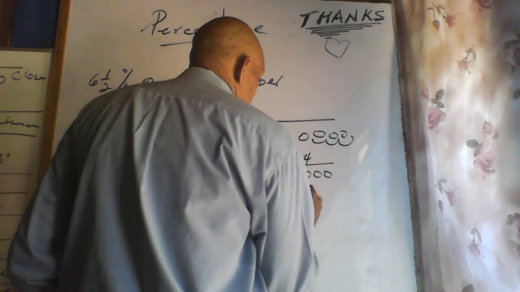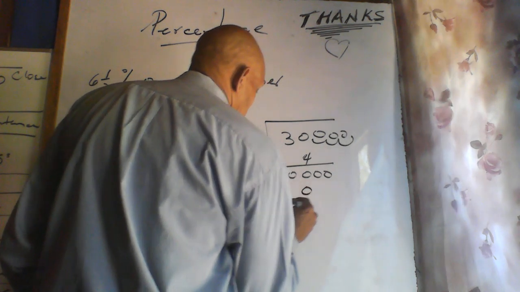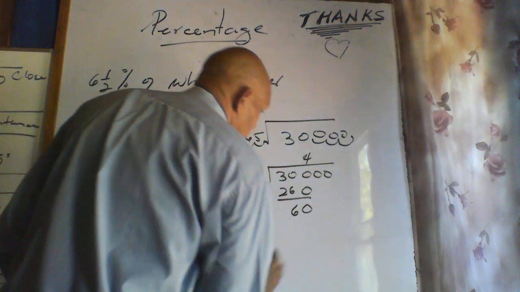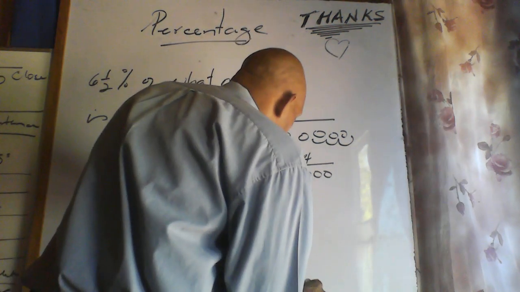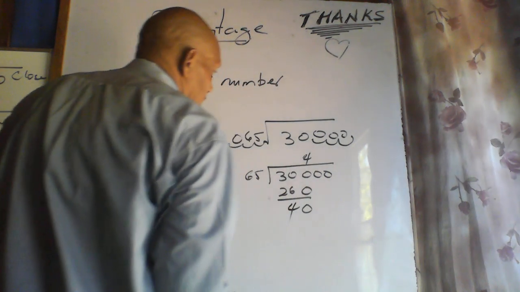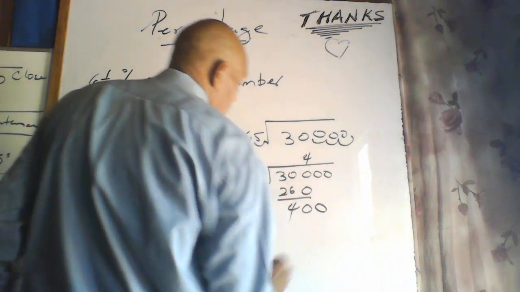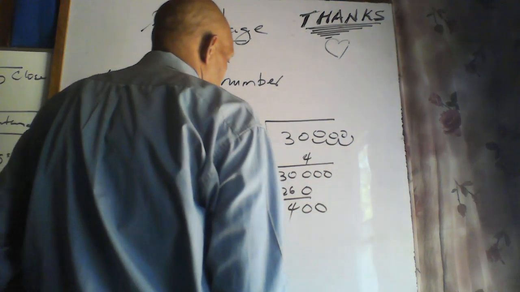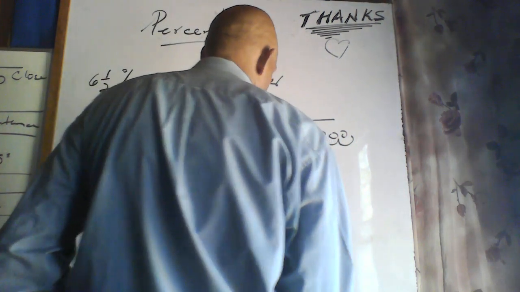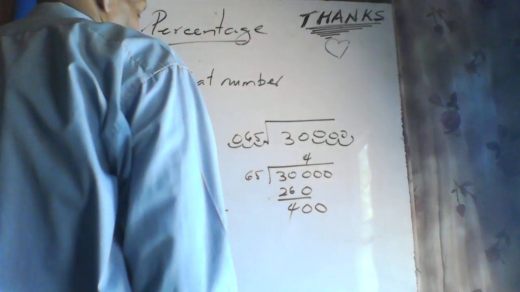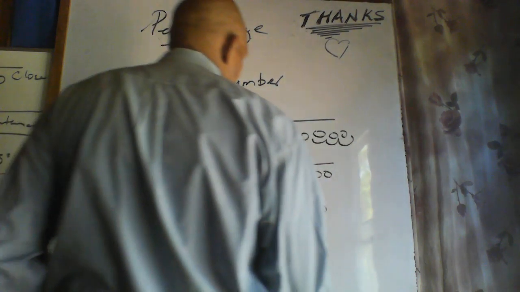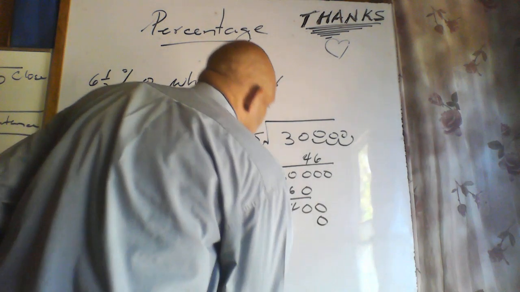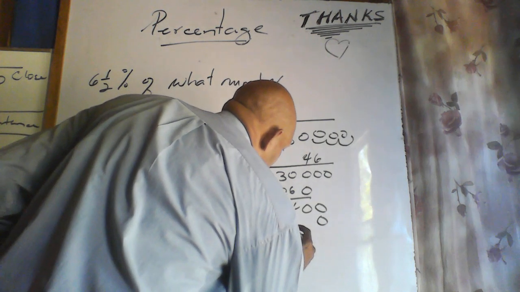Let's try 4. 4 5s are 20. 4 6s are 24, and 2, 26. Oh, no, that's wrong. I bring down my 0. What do I try now? Let's try 6. 5 6s are 30. 6 6s are 36 and 3, 39.